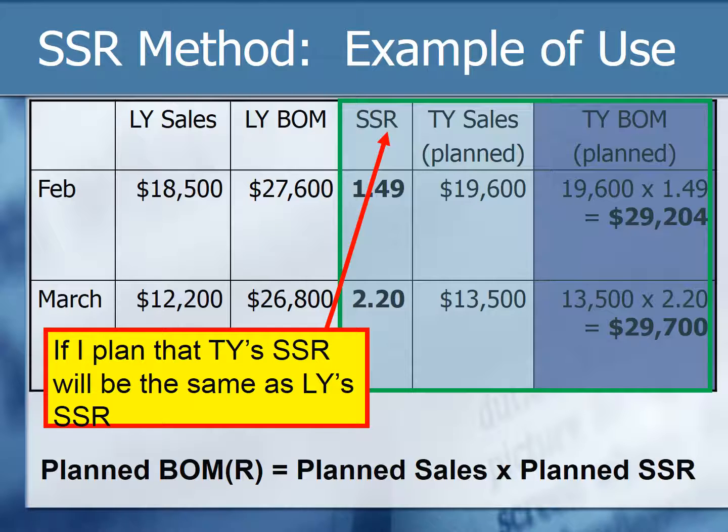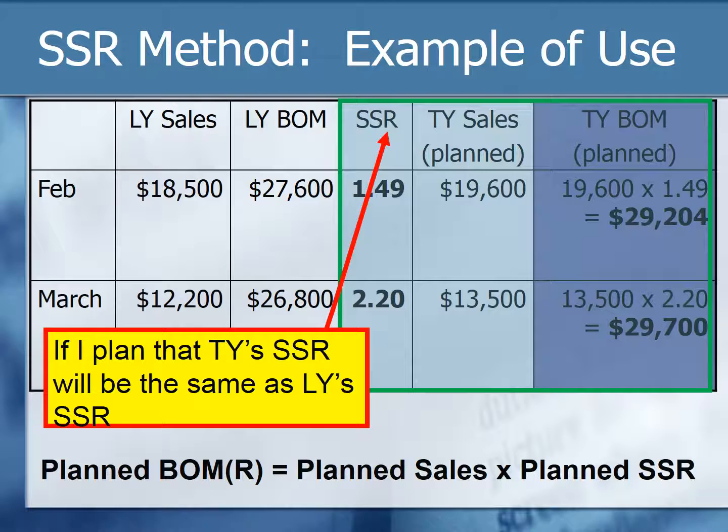So in this example for February, because we're planning this year's SSR to be the same as last year's SSR, we're going to use the 1.49 SSR and multiply it by this year's sales plan for February. This year we wanted to sell a little bit more than last year, so 19,600. Multiplying these two numbers together, we get this year's BOM for February as $29,204.